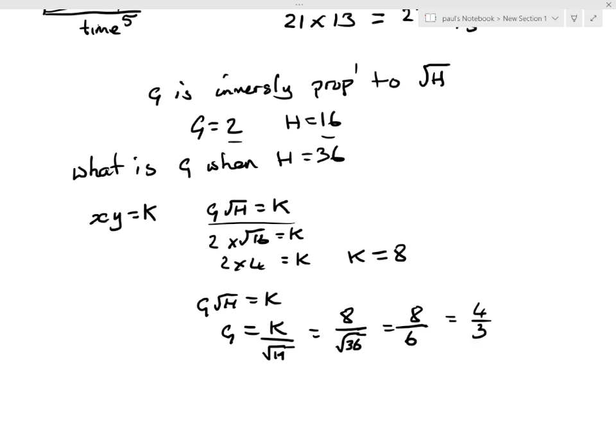Or if we go plus and minus, it's either 1 and a third, or minus 1 and a third. About a level 7, something like that. Okay, so there you go. So that is the proportion video.